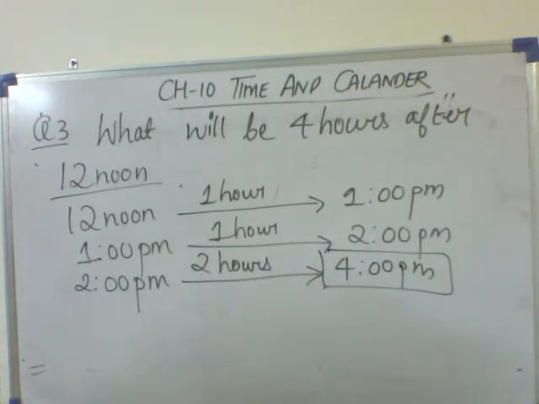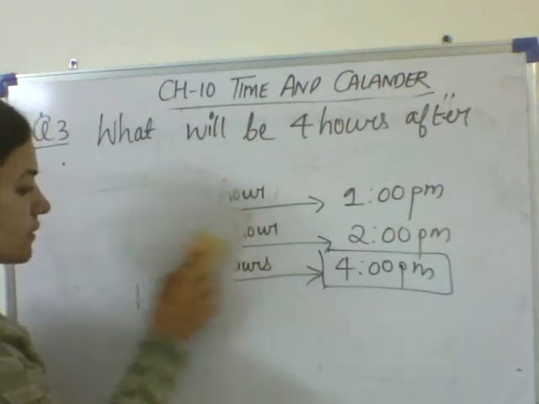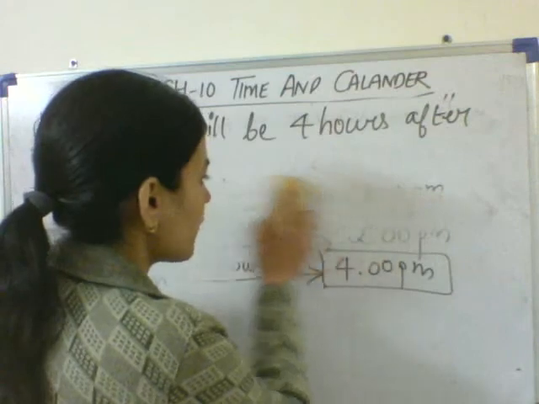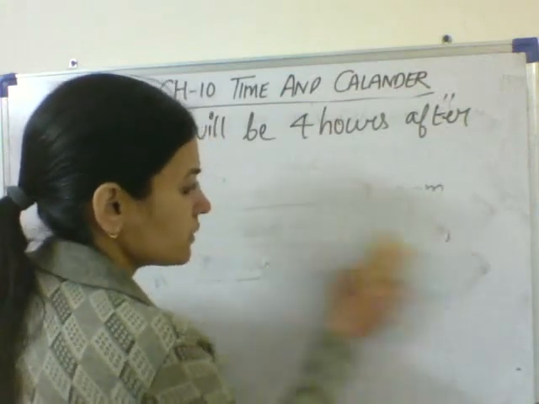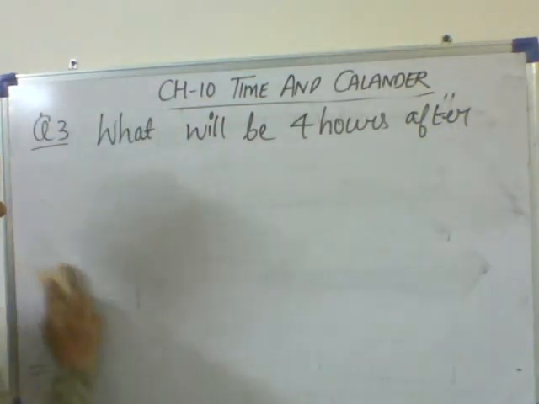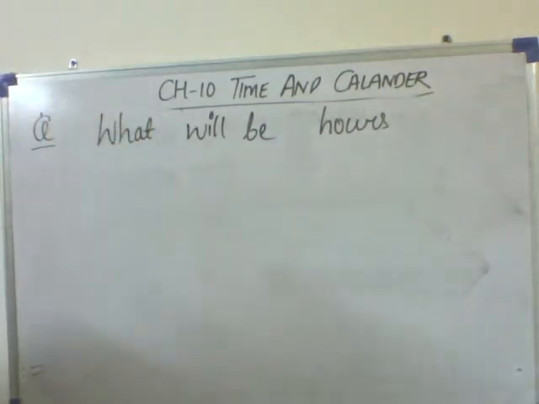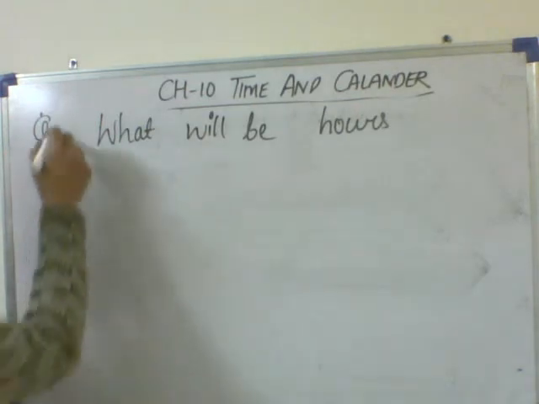Now what if I ask the time before? Here we had to find the time just after. Now what if in the question it is given, you have to find the timing just before. How will we find the timing just before? Now you all can look at question number 4.